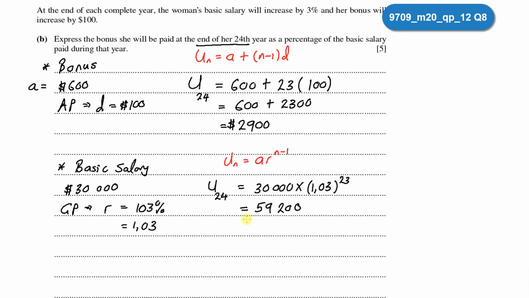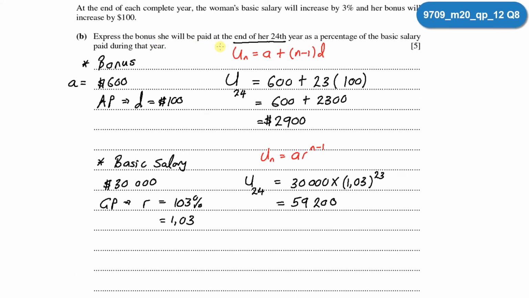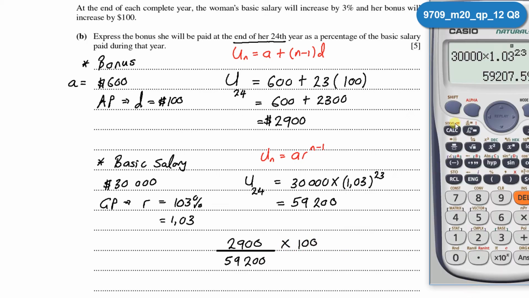So to answer the question now, they say express the bonus she will be paid at the end of her 24th year, that's the 2,900, as a percentage of the basic salary paid during that year. So that's 2,900 over 59,200, and we multiply by 100.